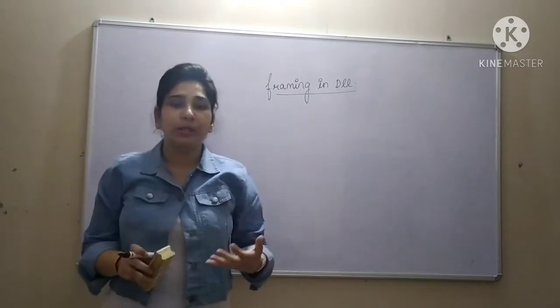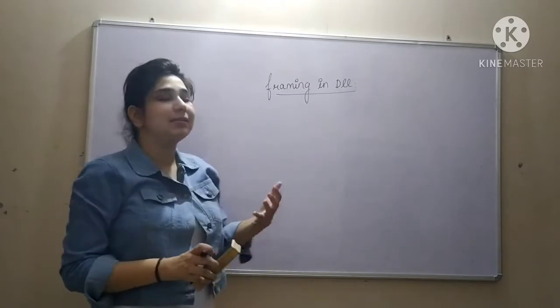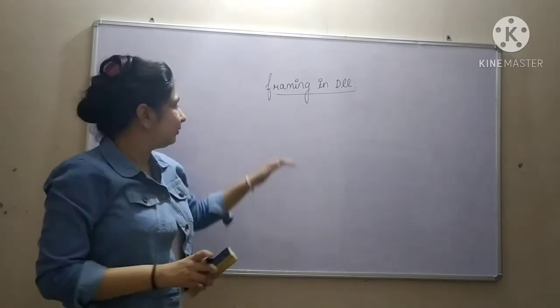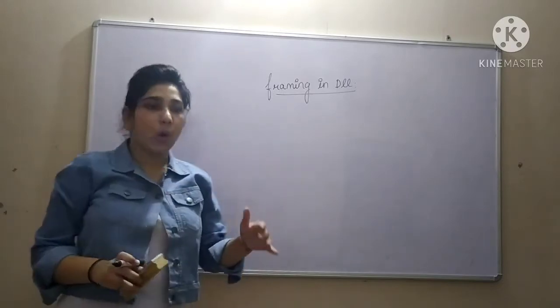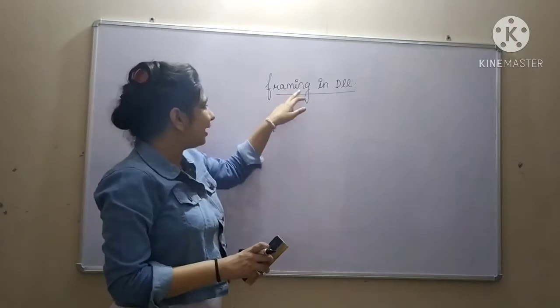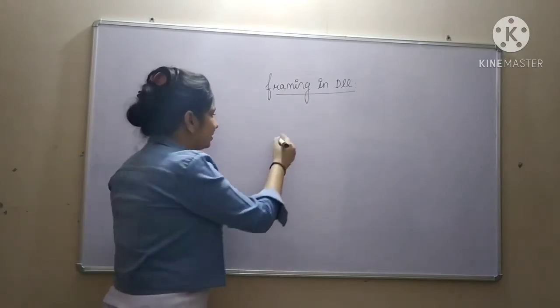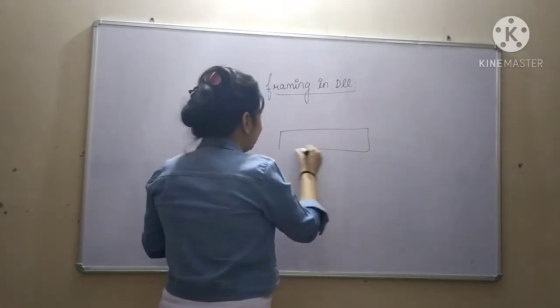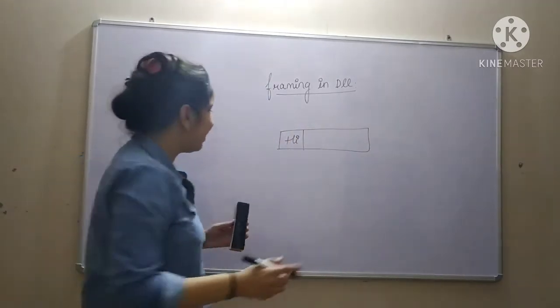I already told you about the ISO OSI model. When you are sending any message, that message will move from the application layer, cross the transport layer, the network layer, and then reach the data link layer. Let's suppose the message is "hi", this is the content of the message.